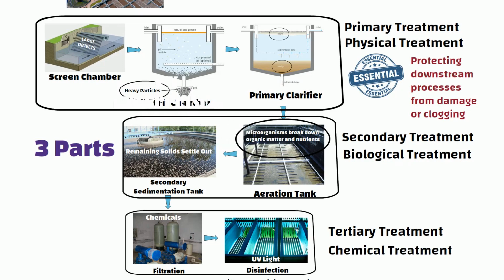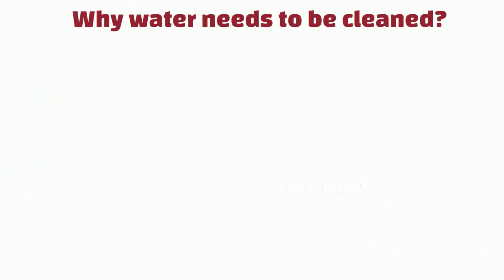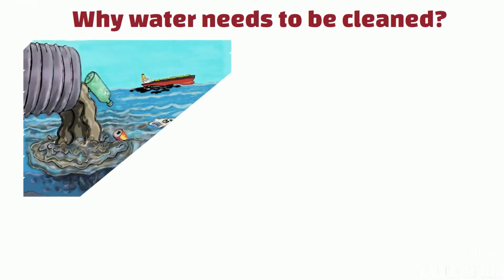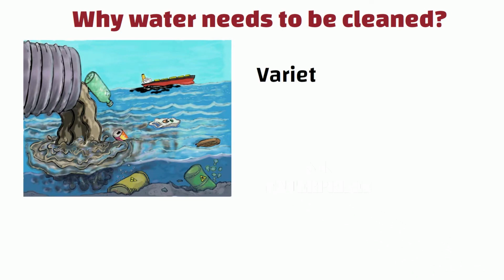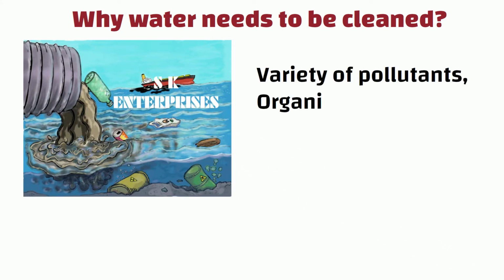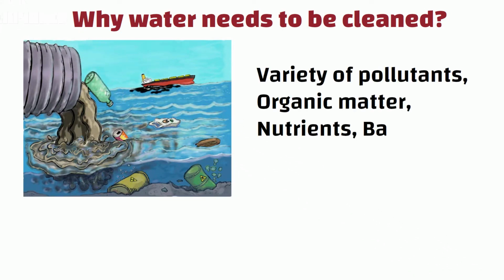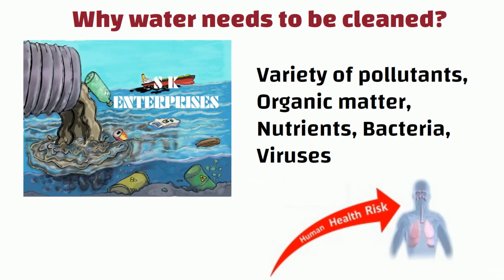Before going into details, a small question needs to be discussed. That is, why does water need to be cleaned? And why can't we just throw that water in the environment? It's because raw sewage contains a variety of pollutants, including organic matter, nutrients, bacteria, viruses, and other harmful substances that can pose a risk to human health and the environment.